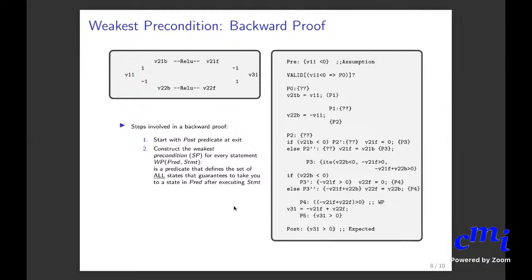Okay, and sometimes that'll work out somewhat simpler. Here the idea is, suppose you want to verify that after you execute this program, which denotes the DNN, V31 should be non-negative, should be positive. Then you ask the question, what if I want V31 to be positive after executing this assignment statement?